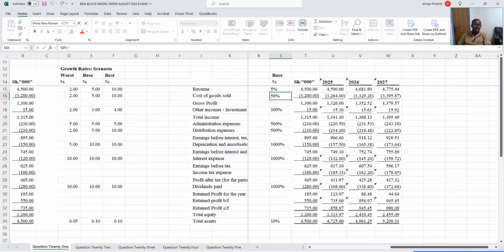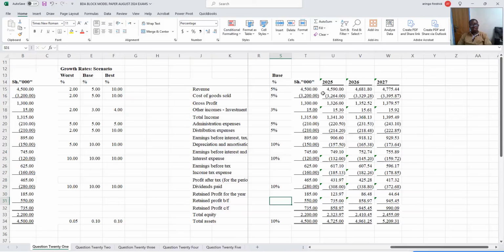I just delete 0, 0. This is 3%. This is, of course, 5%, 10%, 10%, 10%, and 10%. This is what you're having. Remember, they were in percentages.